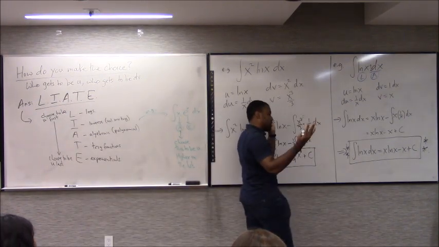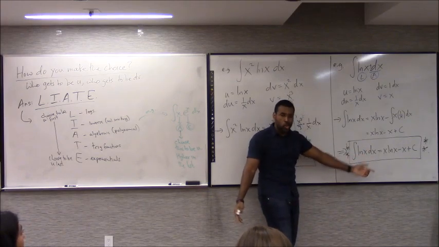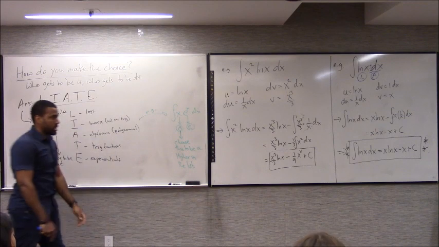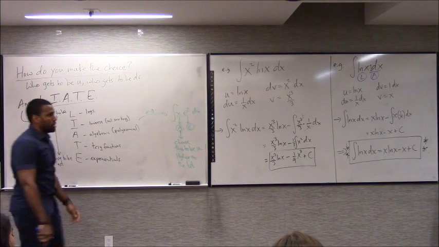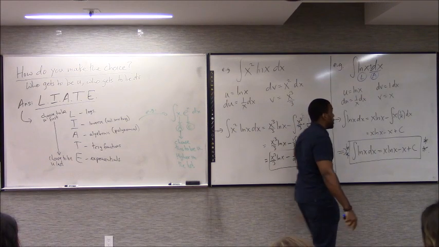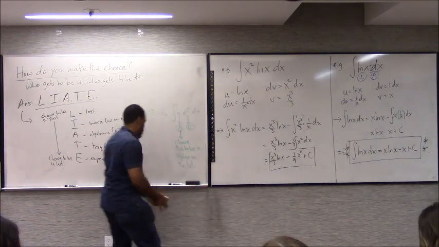But if hell freezes over and you forget, you should be able to derive it also. So the integral of ln x is x ln x minus x plus c. And we can derive that using integration by parts with a little sneaky trick of thinking of 1 as the other function.